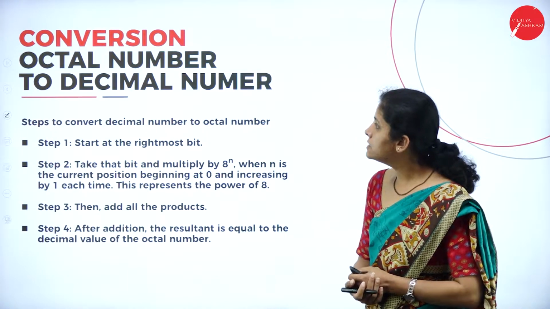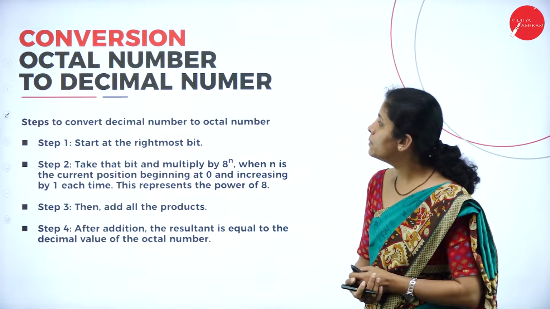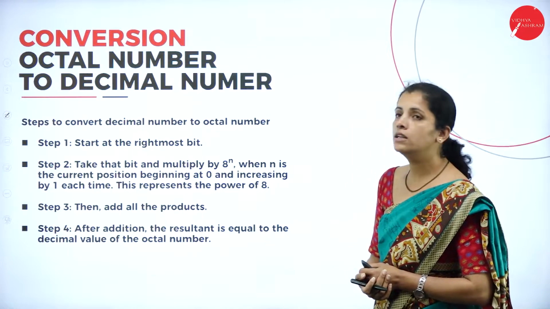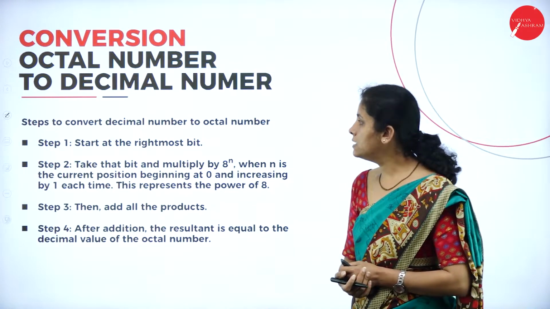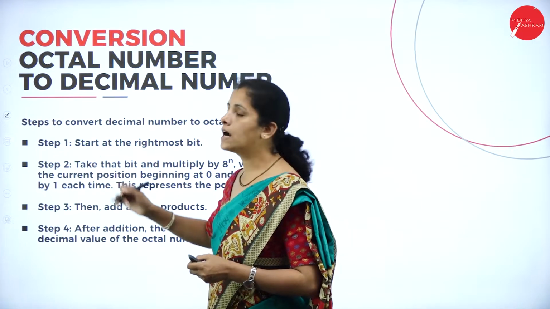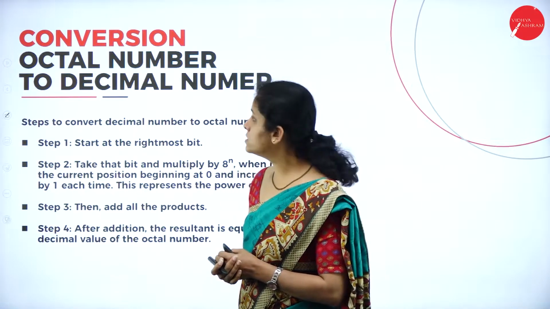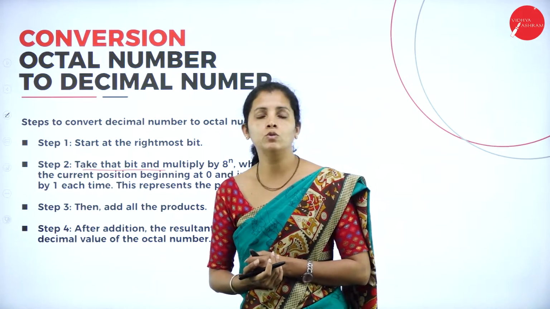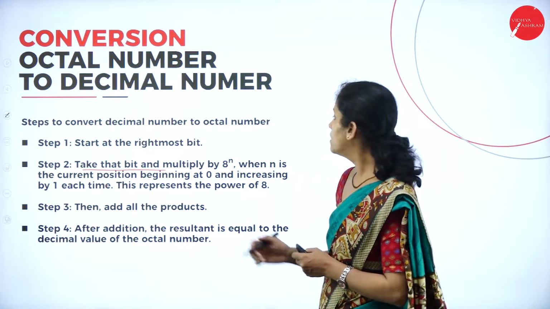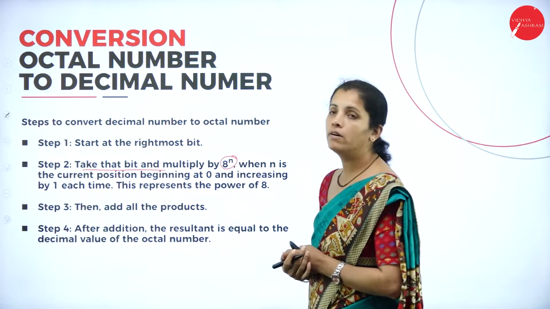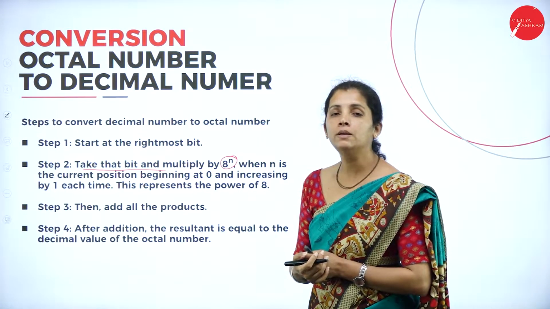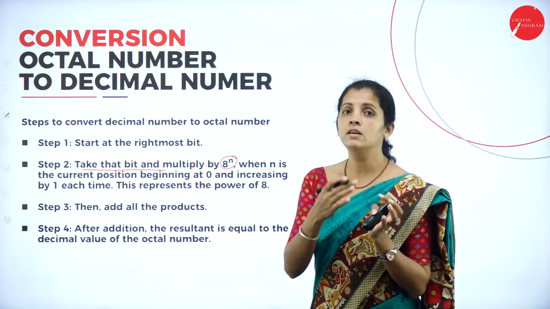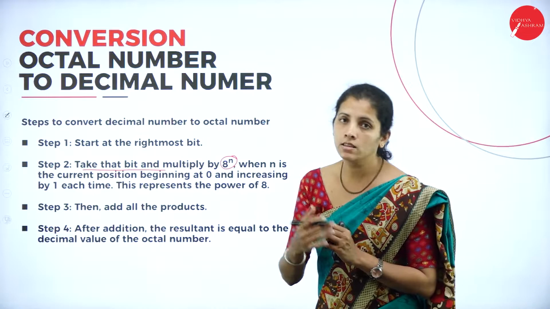Now, let's consider the conversion of an octal number to decimal. So here I'm going to convert the octal number to decimal. What is the step? Start from the rightmost bit and multiply that bit by 8 to the power n, where the bit position starts from 0: 0th bit, first bit, second bit, third bit, like that, up to the nth bit.